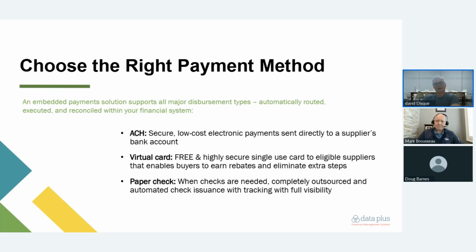Secondarily, you want to look at a provider that does ongoing vendor enablement. Some of the very good fintechs that are mapped in with these programs have that capability. In this case, the provider Data Plus selected has very good vendor enablement capabilities. They do ongoing enablement.